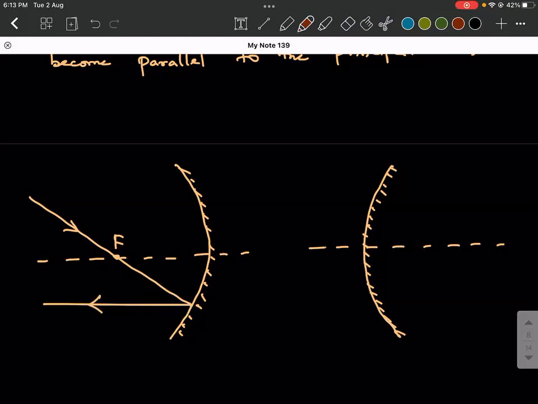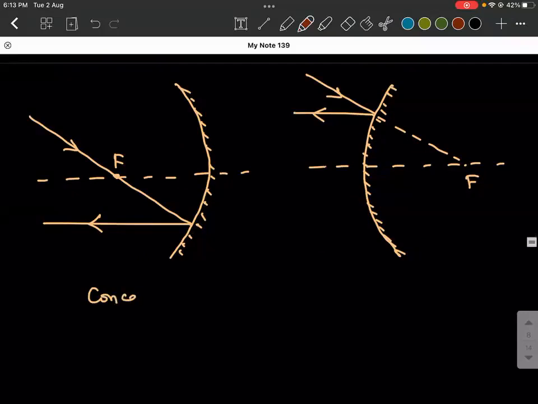Similarly, if I take a ray which is assumed to be incident at the focus for a convex mirror, after reflection it will become parallel to the principal axis. This is how it looks for concave and convex. I hope it is clear. Right?